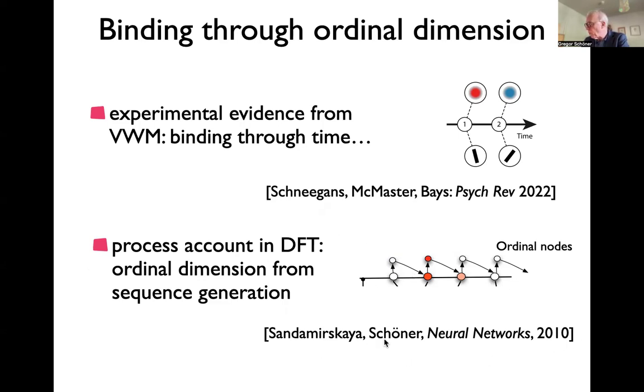And Julia's original work proposed an architecture that autonomously generates a representation of that by making these transitions triggered by events. It could be perceptual events or attentional shifts or eye movements that create these events. And that's how you would have an ordinal axis.